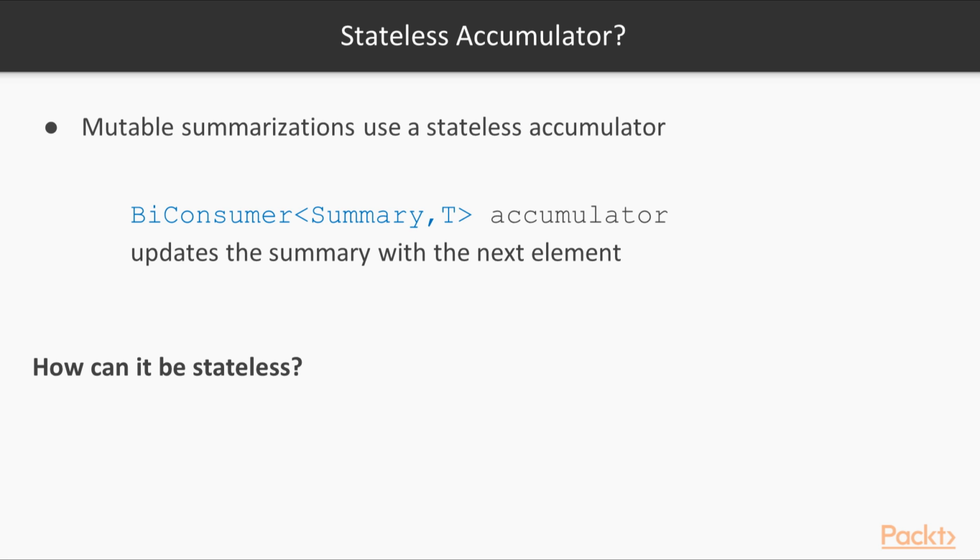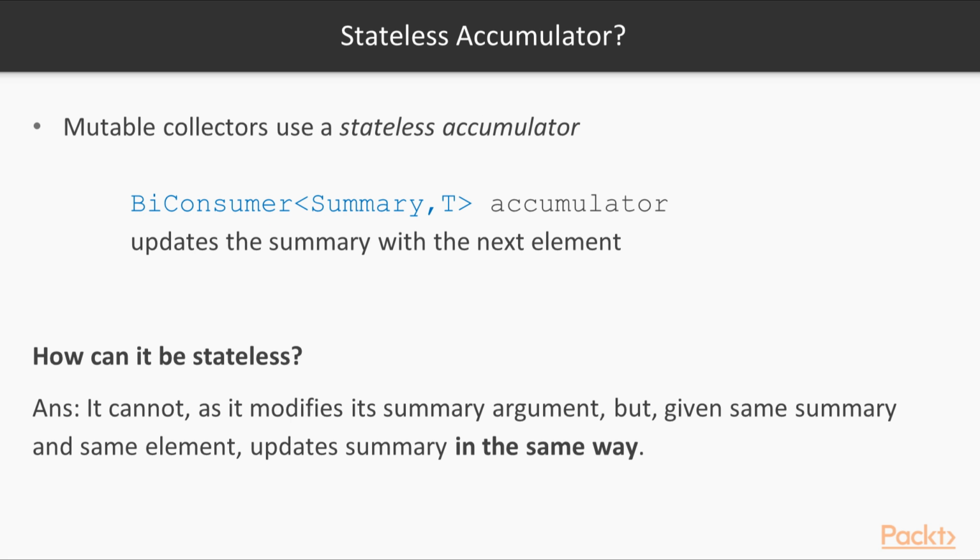Now, how can such an object be stateless? Well, it cannot be stateless because it needs to modify its summary argument. So the sense in which it may be stateless is that given the same summary and the same element, it will update the summary in the same way. In other words, you should be aware that the Java documentation uses the word stateless in a rather flexible way.